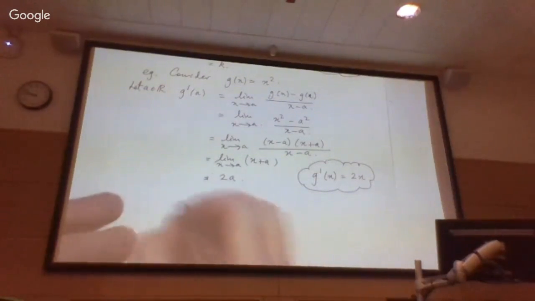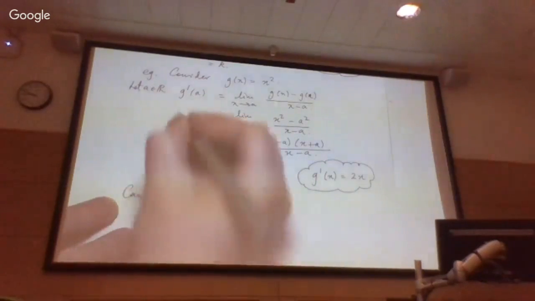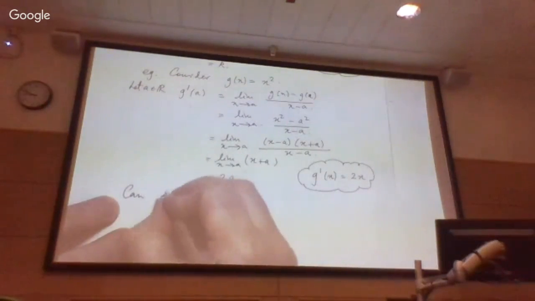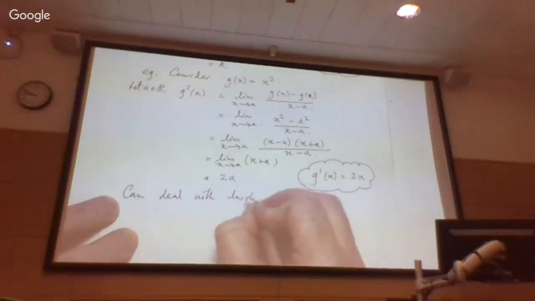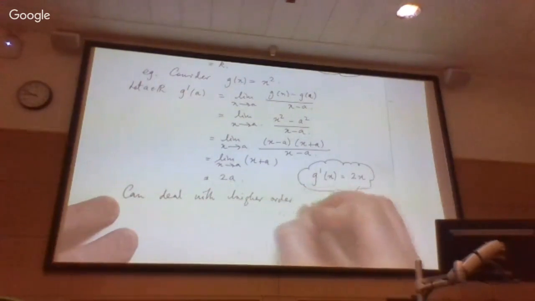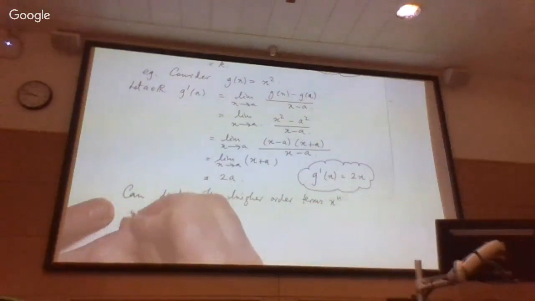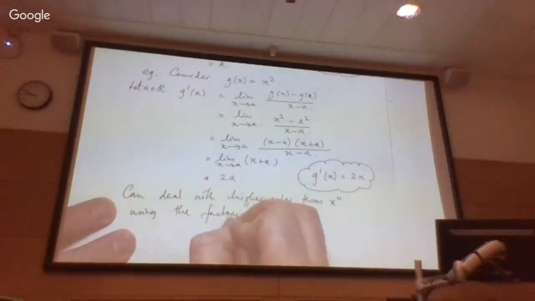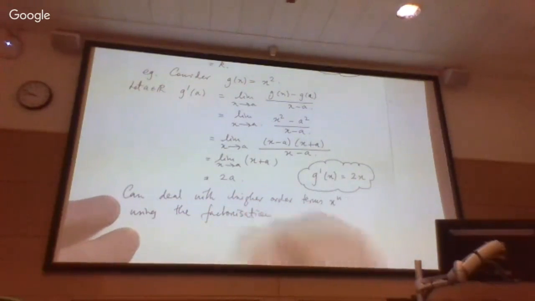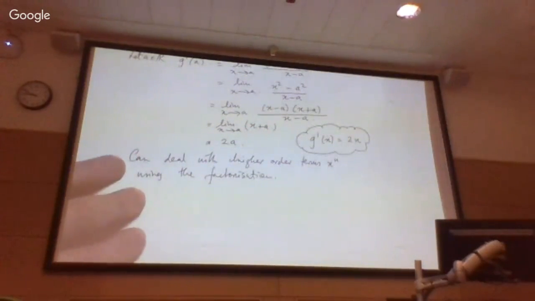Just as you look at other examples, okay, we've done x squared. As you look at higher and higher polynomial terms, you can deal with higher order terms, x to the n. This should be part of what you see in your sleep really, math students.